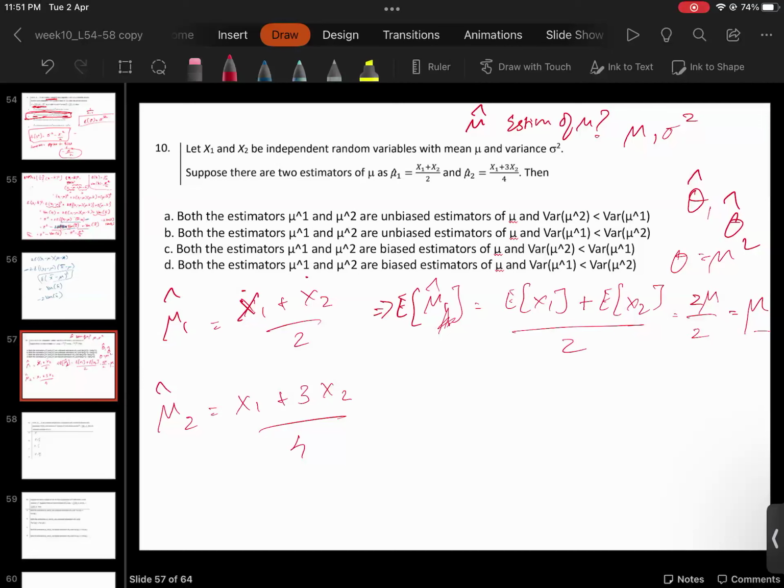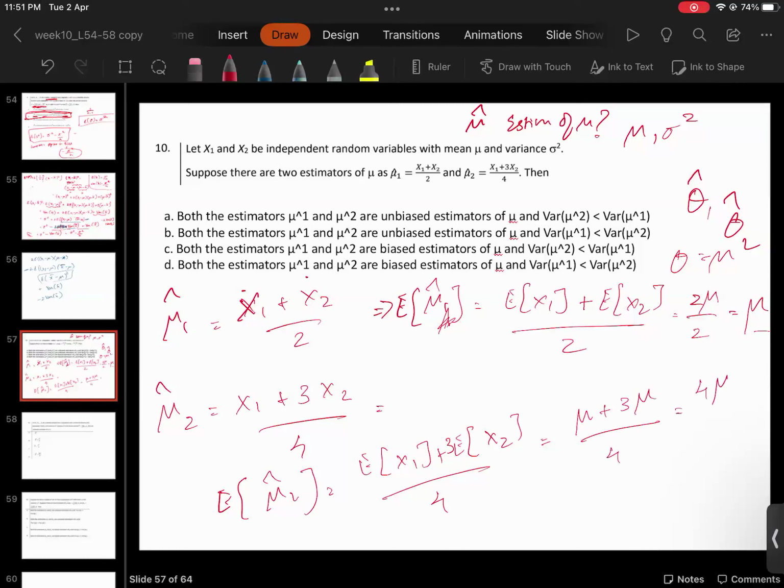Now let's look at mu2 hat. Expectation of mu2 hat is equal to expectation of x1 plus 3 into expectation of x2, divided by 4. So you will basically have mu plus 3 mu divided by 4.